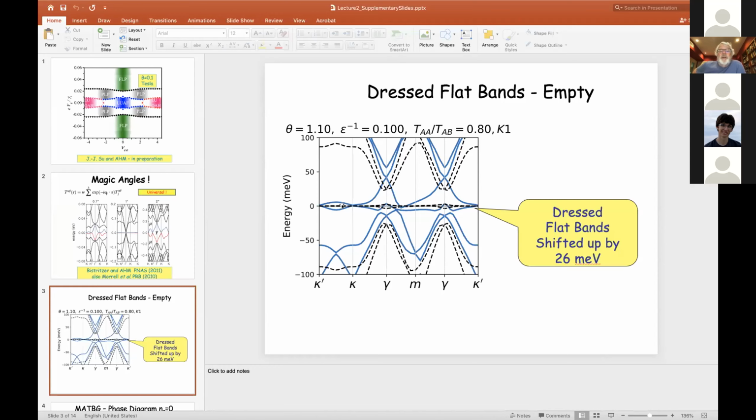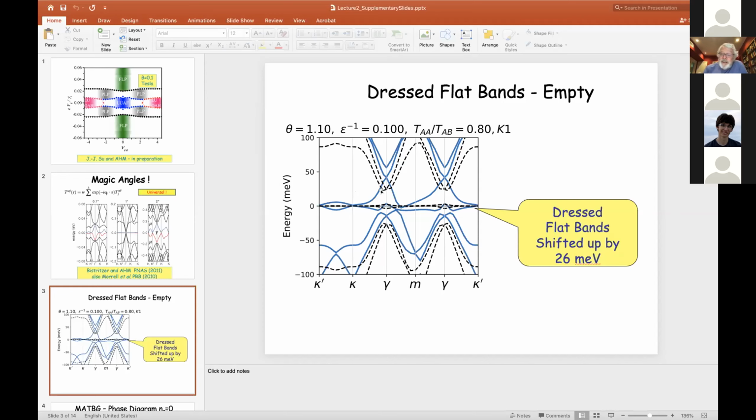And what I'm showing in blue is the flat bands that you get if you just include interactions at a mean field level with the flat band completely empty, so no correlations at all. And there are various things reflected in here, but the simplest one to talk about is that when the flat bands are empty, the charge density, because the flat bands' densities peak near the AA points in the Moiré pattern.